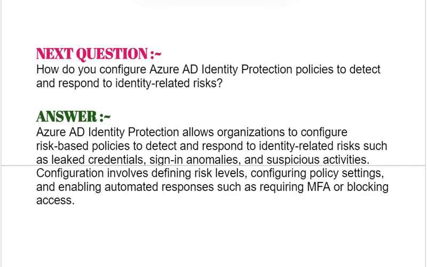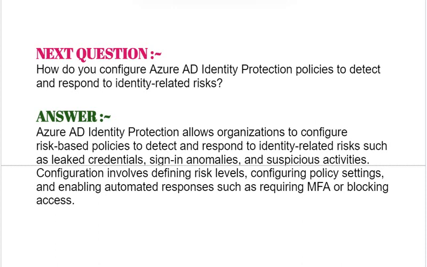Our next interview question is: how do you configure Azure AD Identity Protection policies to detect and respond to identity-related risks? Your answer should be: Azure AD Identity Protection allows organizations to configure risk-based policies to detect and respond to identity-related risks such as leaked credentials, sign-in anomalies, and suspicious activities.